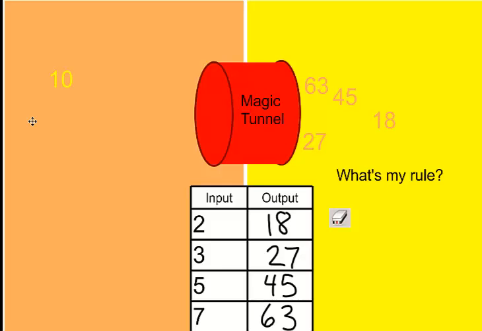Well, let's put the 10 through and see, and then we'll look at our table. The answer is 90, the output. Is that what you got? Well, what is the rule? The rule is if you multiply the input by 9.